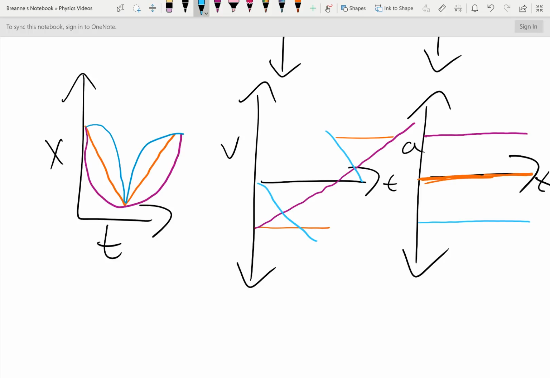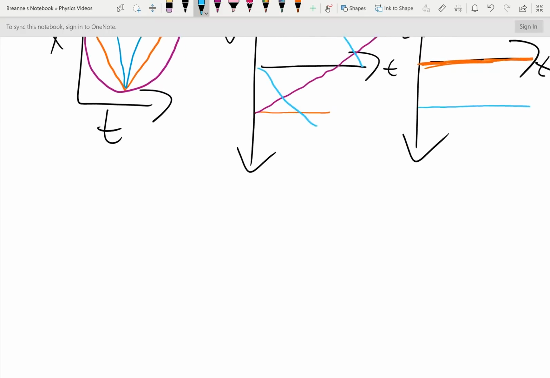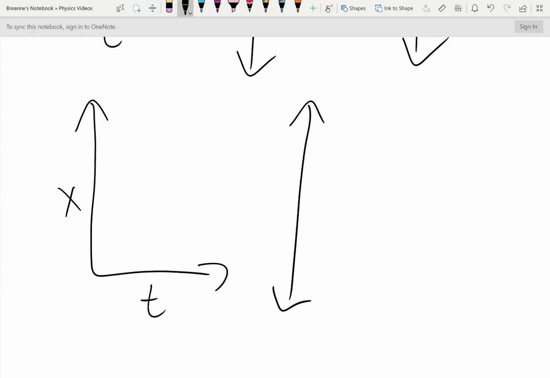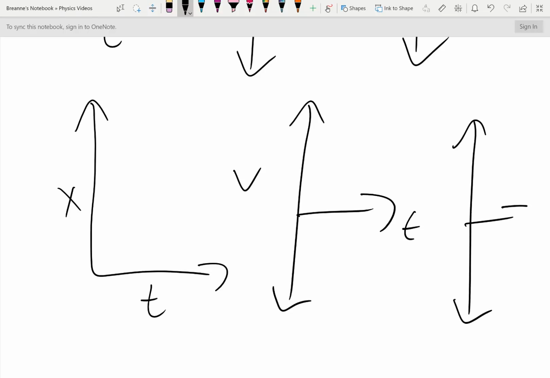The next one says person accelerating northward. For a position time graph, go ahead and write down velocity time graph, acceleration time graph. For accelerating northward, that's a positive acceleration.